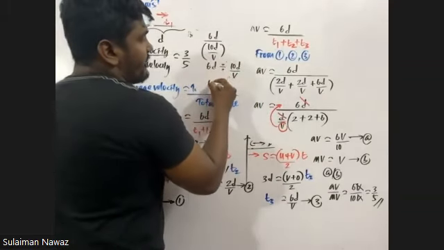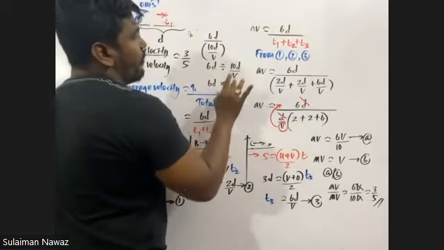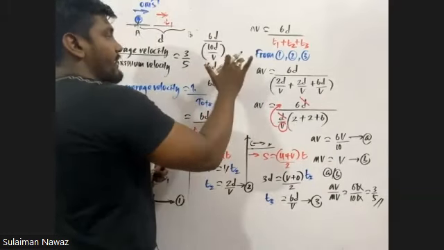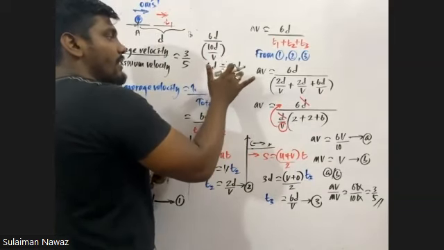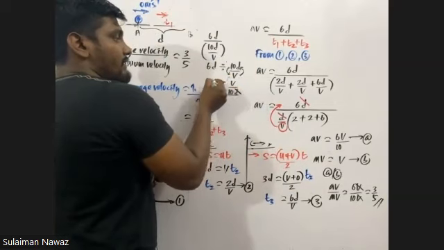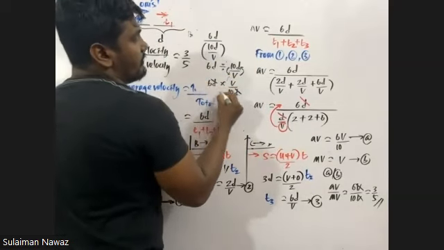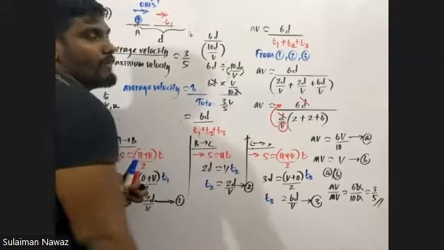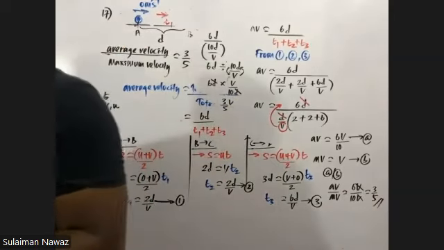Division will become multiplication when you take the reciprocal. V over 10d. 10d over v means multiplication by v over 10d. d and d cancel out. I will get what? 3 over 5V. If I divide by V, 3 over 5. It's all knowledge.